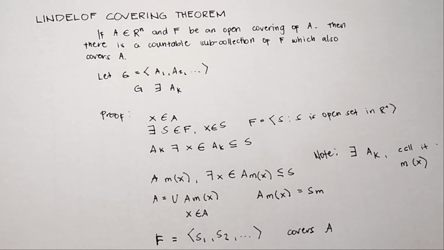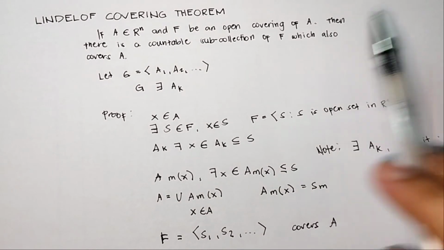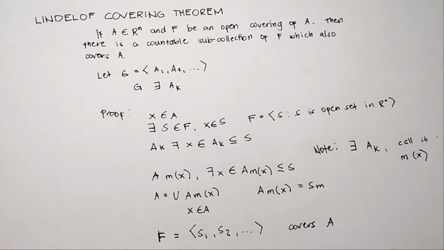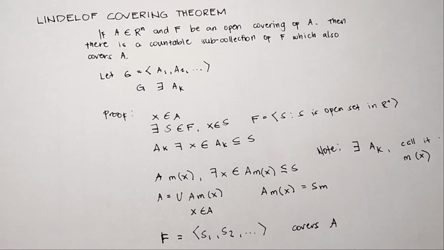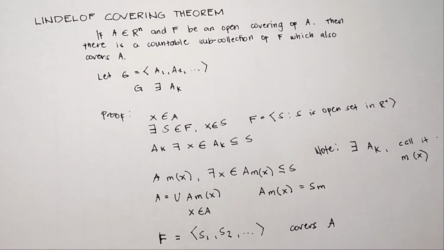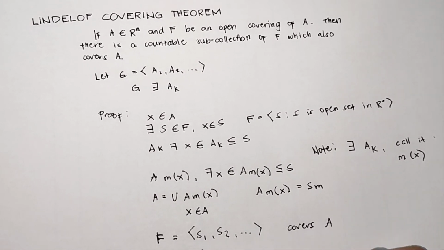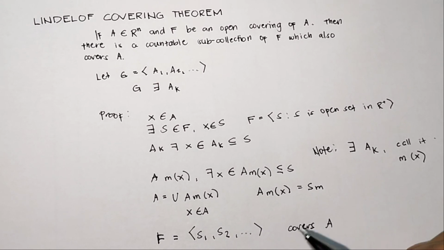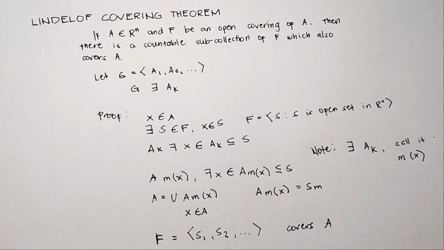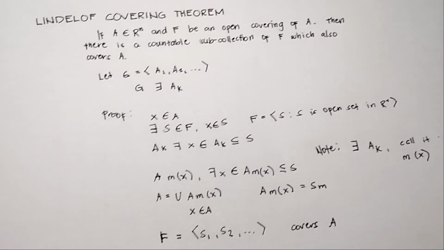And we know that F is an open covering of A, as described here. Then F also covers S_1, S_2, infinitely many, the same as what we did when we let G be equal to A sub 1, A sub 2. Then now, the theorem is proved.